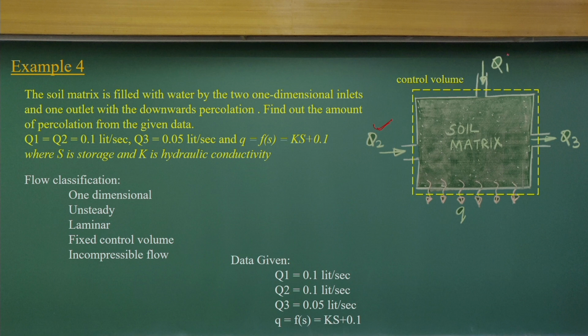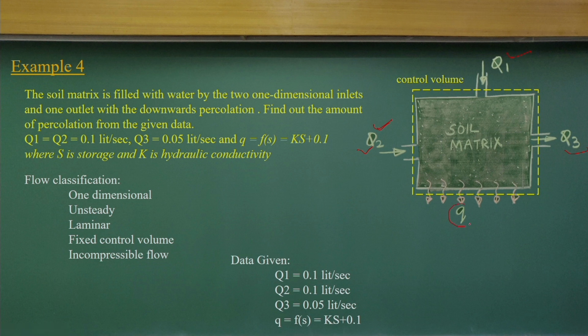Water is coming in as Q1, Q2 and Q3 is going out, and at the bottom there is percolation or seepage. The water comes out from the soil matrix as the soil moisture in the porous space comes out as seepage water.